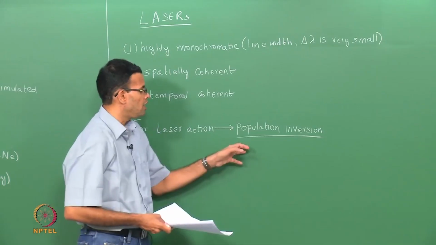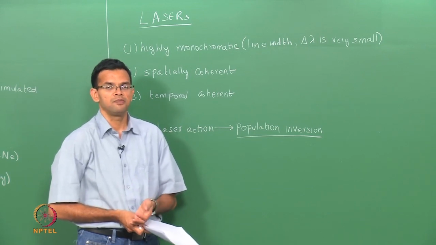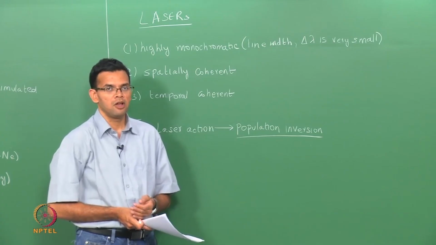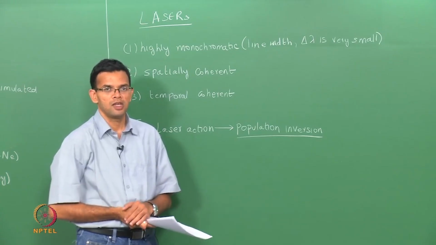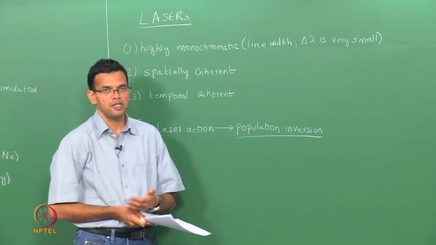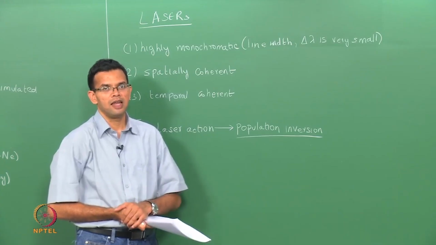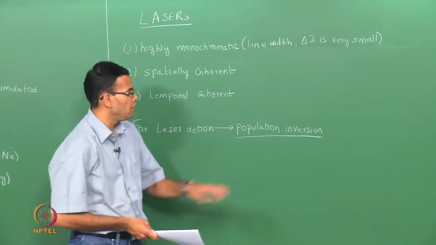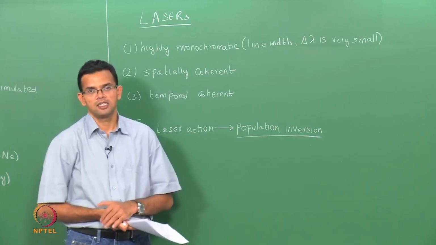When we achieve population inversion, we have an incident radiation that strikes the material. This is the stimulated emission part. This incident radiation causes the particles to go from the excited state to the ground state, and when they do, they emit an output radiation which is in phase with the incident radiation. This leads to stimulated emission and is responsible for the laser action. So, we need to create a population inversion in the system before laser action occurs.